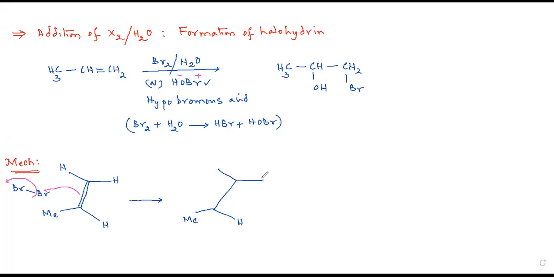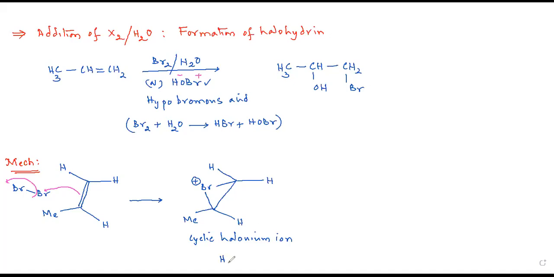Okay. See, this bromine gets attached across the double bond, forming a cyclic halonium ion intermediate. Same as what we have seen in the reaction with halogen. Cyclic halonium ion is what we get.